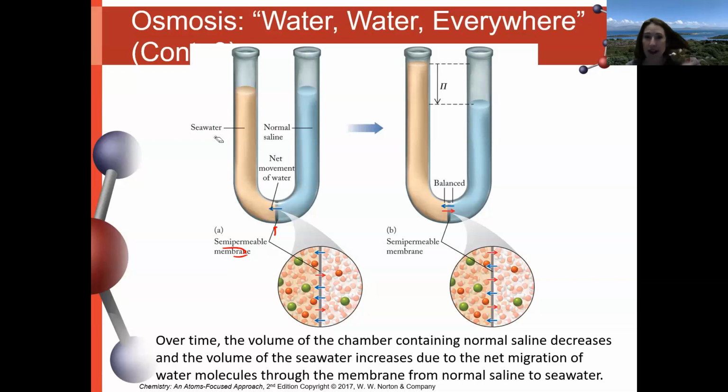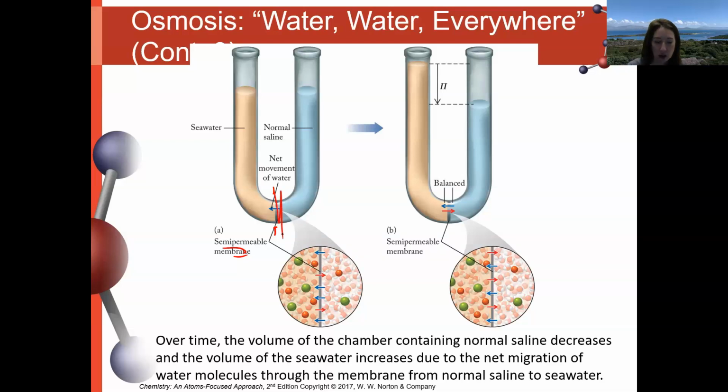Seawater, and then normal saline, like our body's, about 9% weight volume. So much lesser, I think seawater is like 17% or something. Okay, so seawater has much more salt, ionic compounds, than normal saline does, right? And so these two chambers are separated by this semi-permeable membrane.